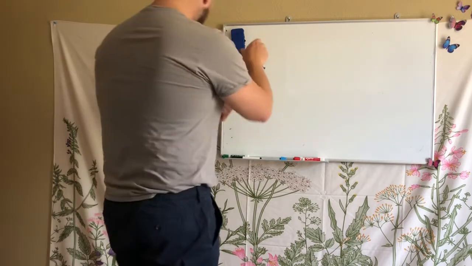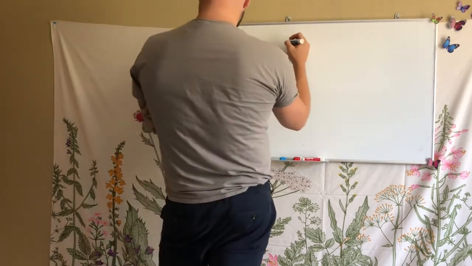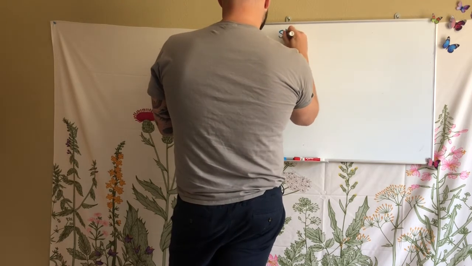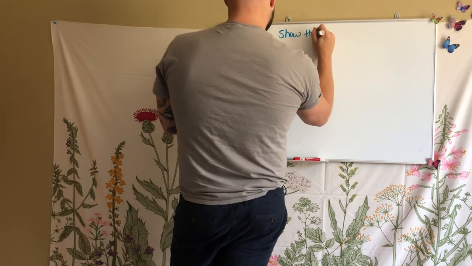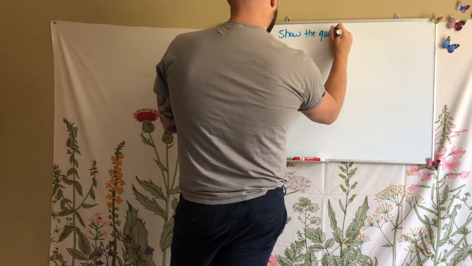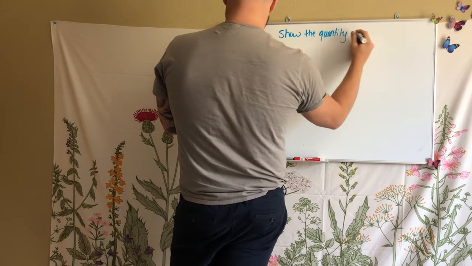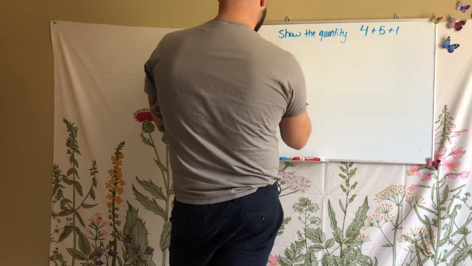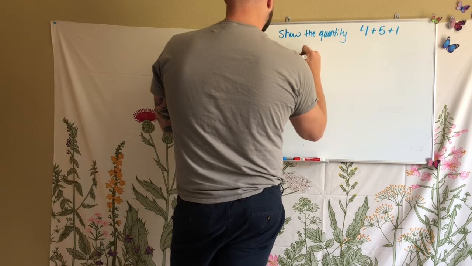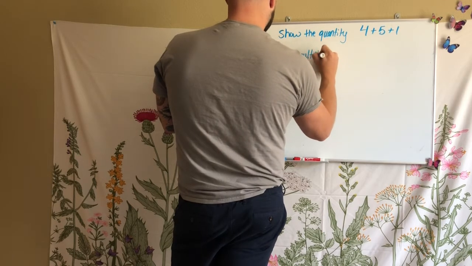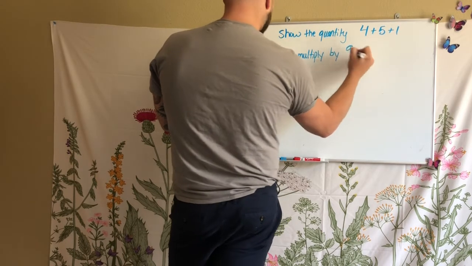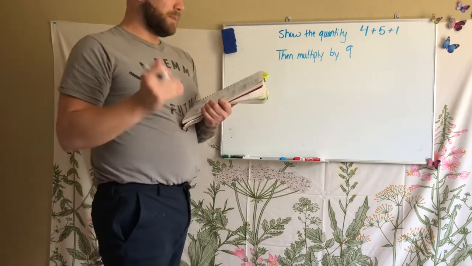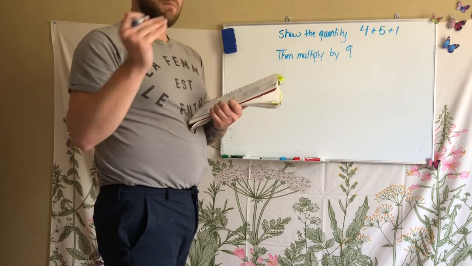So, this says, show the quantity 4 plus 5 plus 1, then multiply by 9.